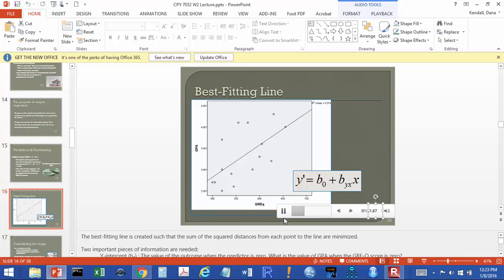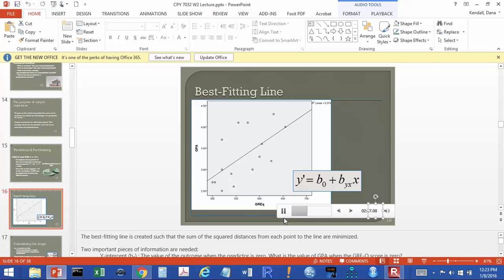The second thing we need is the slope of the line, which is depicted by B sub xy. The definition of the slope is the change that we would expect in the outcome when we have a 1 unit increase in the predictor.